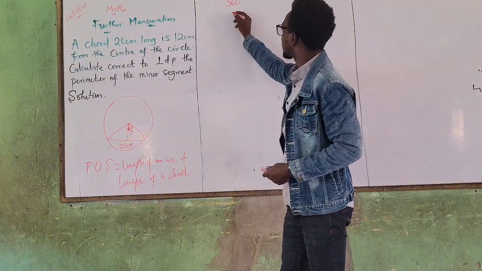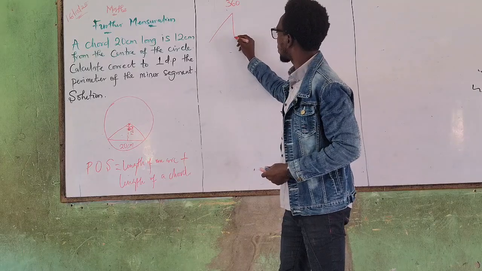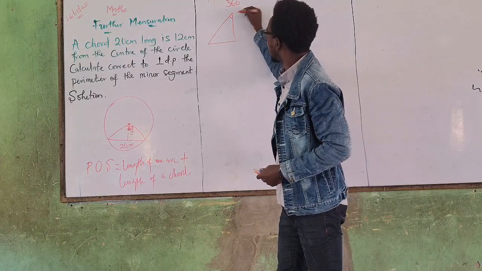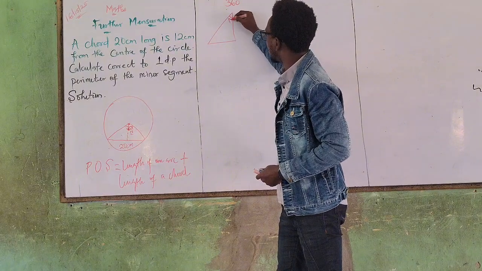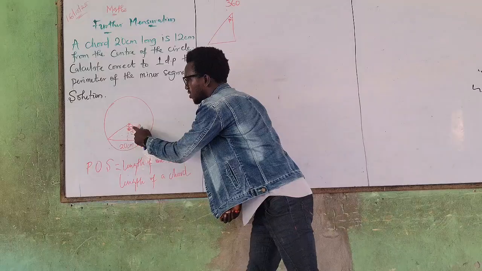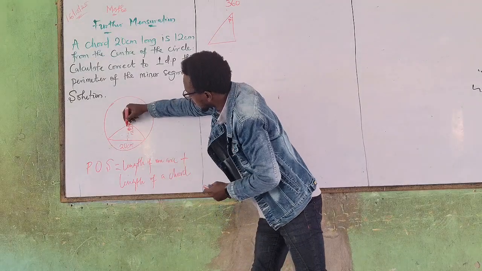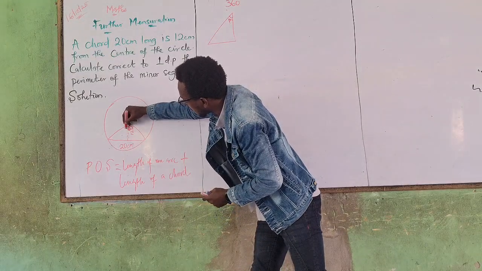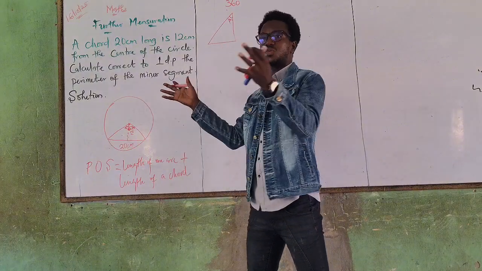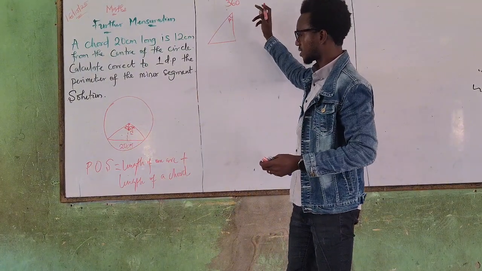But we want to bring out a part of the triangle first. So let's take this place and label it angle A. The entirety from here to here is theta. But we want to say this small part is angle A and this other part is also angle A. Then later on, we'll add them together and it will give us our theta.